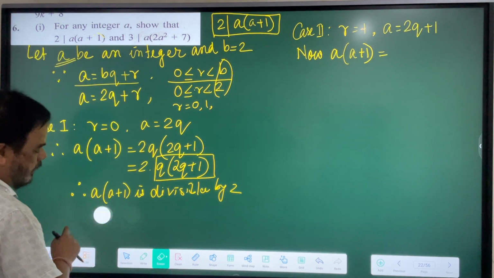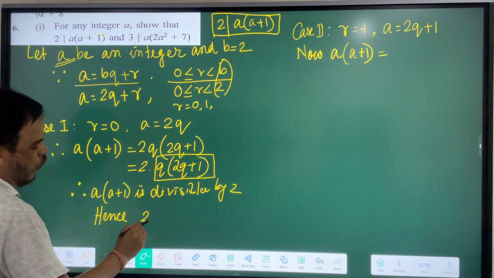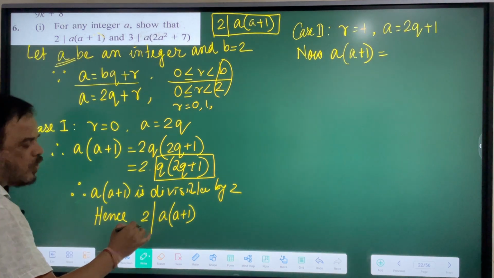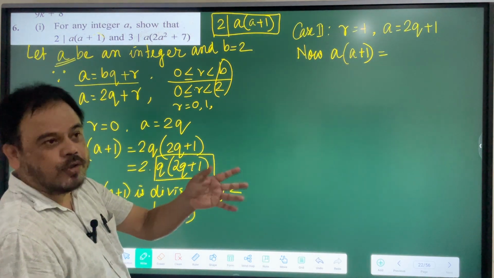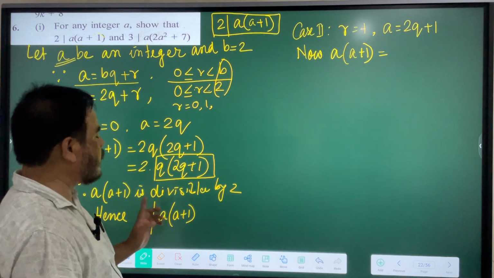Hence 2 divides a into a plus 1. How do we know 2 divides 18? Because 18 equals 2 into 9. So 2 divides a into a plus 1. This is finished.